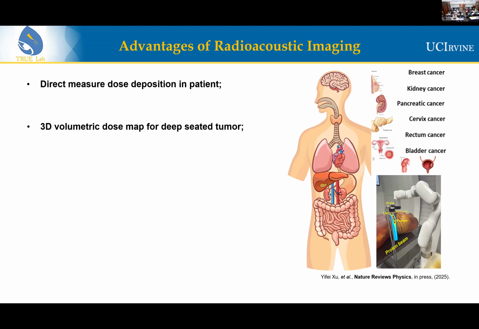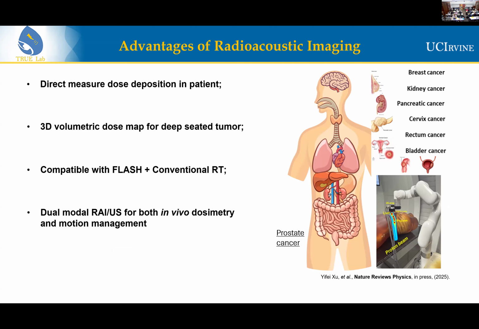I have spent almost the last 10 years focusing on this, building a device for in vivo dosimetry in radiation therapy. Also, we can use the pulse echo to manage motion, which has been quite successful so far.